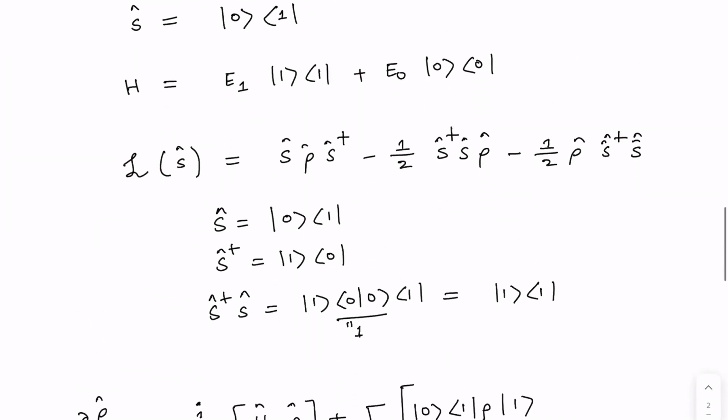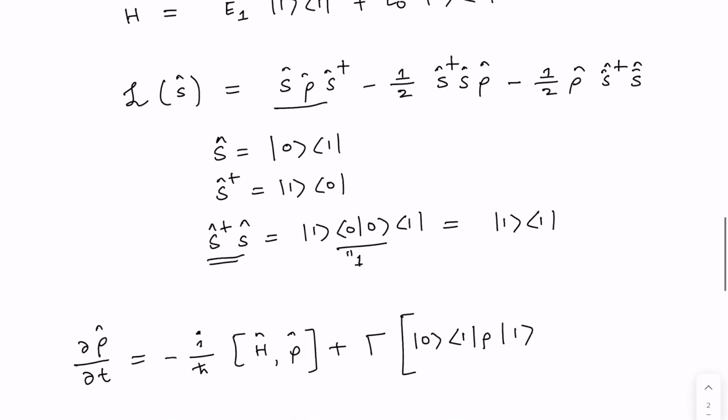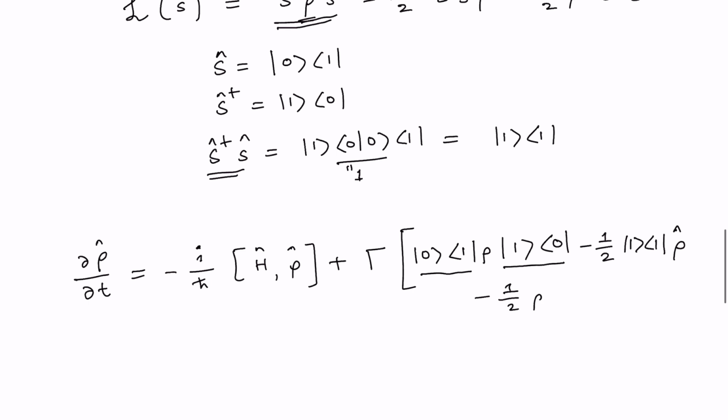I'm just putting in this result because S dagger S is equal to ket 1 bra 1, right? So S is ket 0 bra 1, then I have rho here, and then S dagger is ket 1 bra 0, and then minus 1/2 S dagger S rho, that is ket 1 bra 1 rho, then minus 1/2 rho ket 1 bra 1. So this is my Lindblad master equation.